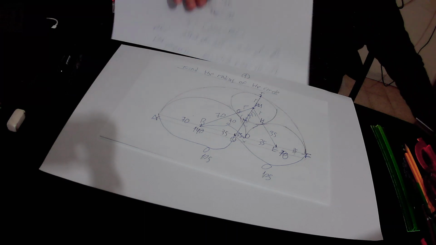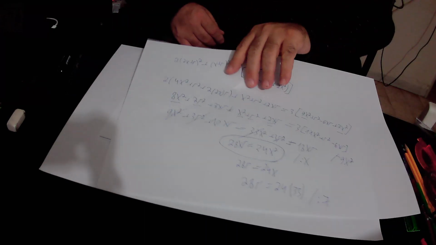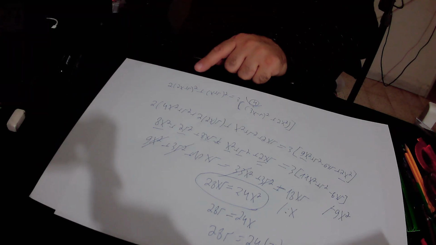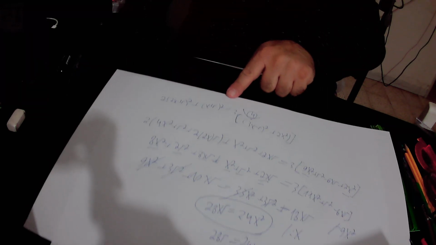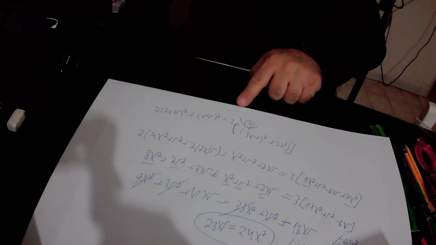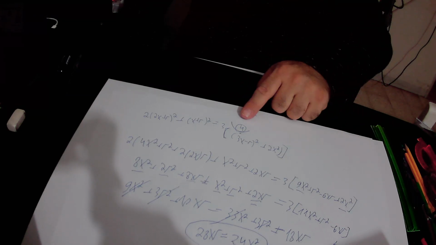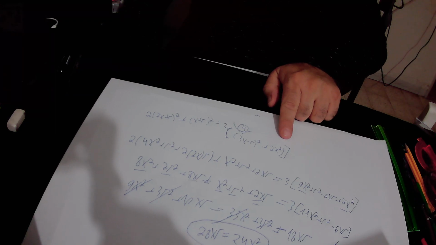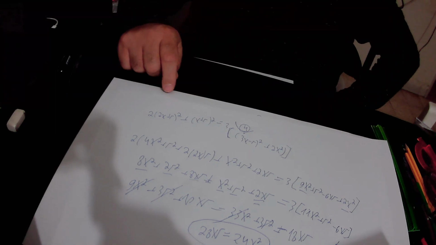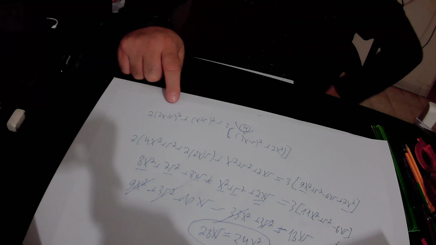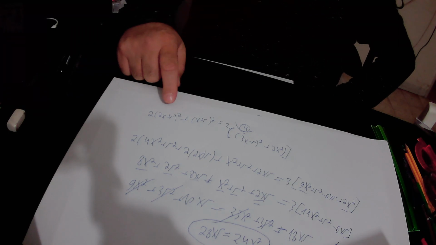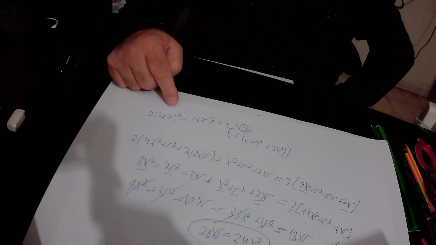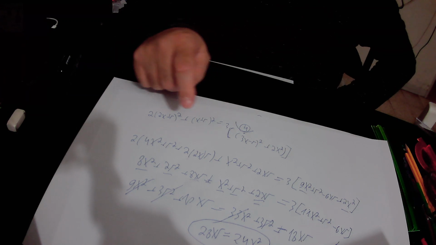Actually, we have here 2 times 2x plus R square plus x plus R square equals 3 times 3x minus R square plus 2x square. 2x plus R square equals 2x square, that is 4x square, plus R square plus 2 times 2xr, that is actually 4xr.